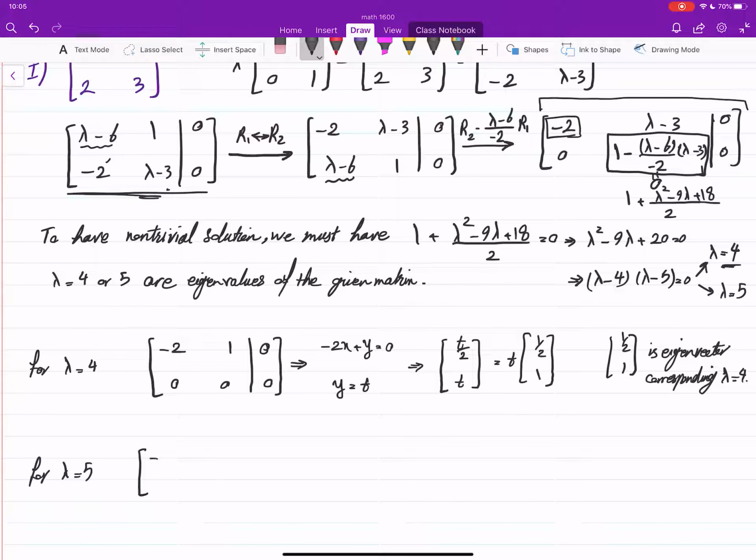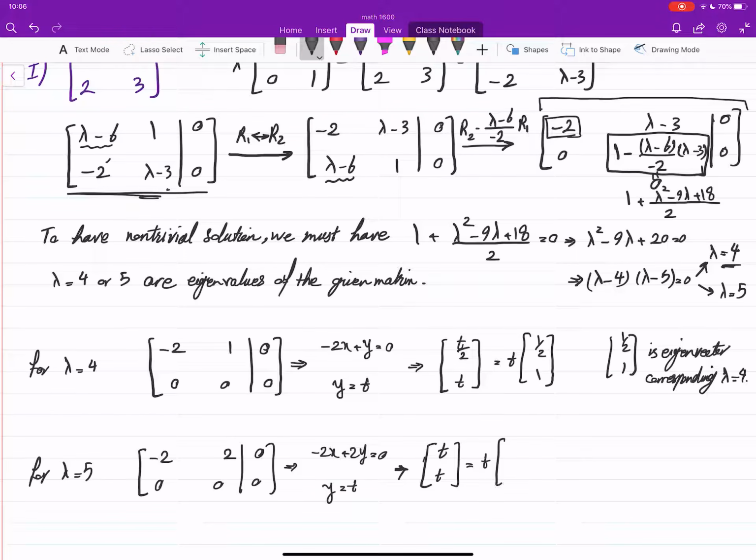Okay, plug in there, negative 2, 2, 0, 0, 0, 0. From this, you solve this: minus 2x plus 2y equals 0. y is equal to t. And from there, you see that the solutions will be, what? First one is going to be actually t, and then the second one is t.